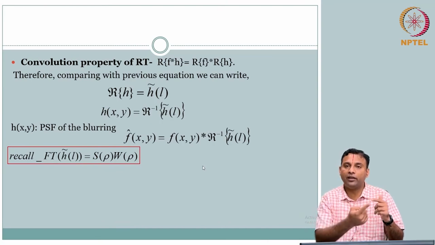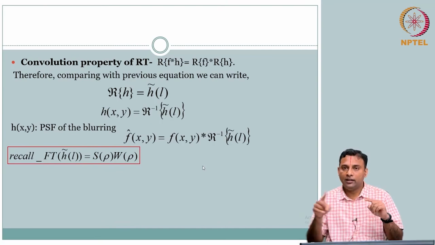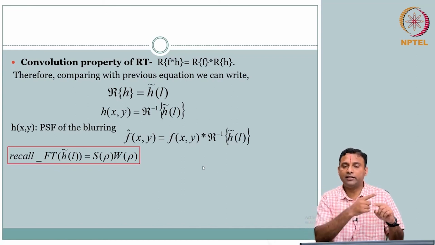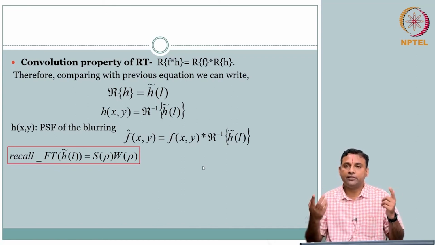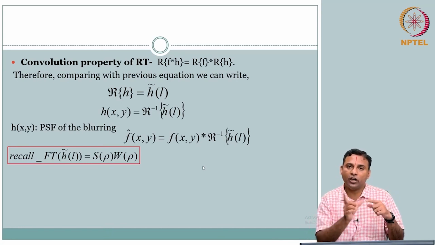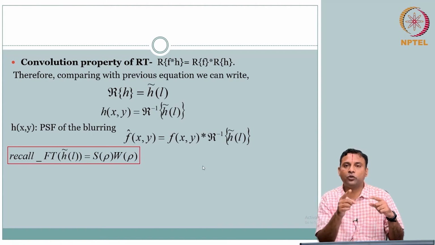For the frequency, we can now talk about only the radius of the frequency, because it is circularly symmetric. In the spatial domain, likewise, you can only talk about the r, the square root of x square plus y square equals r. So we could just talk about radius, because in the spatial domain also it's circularly symmetric.